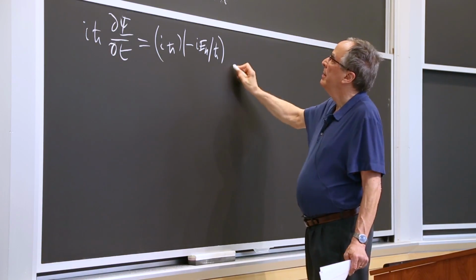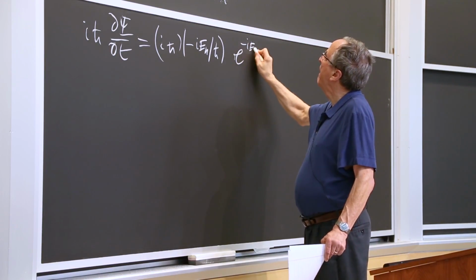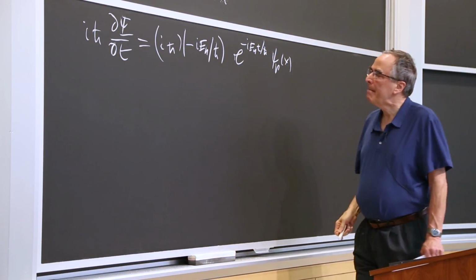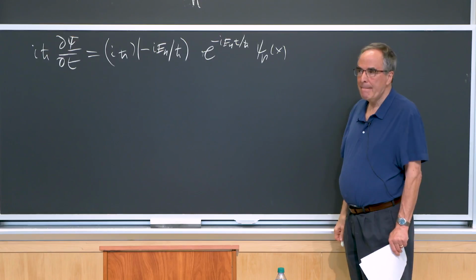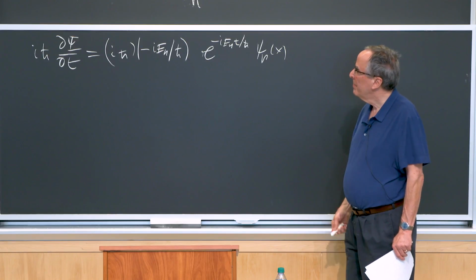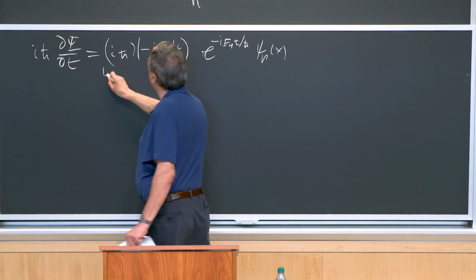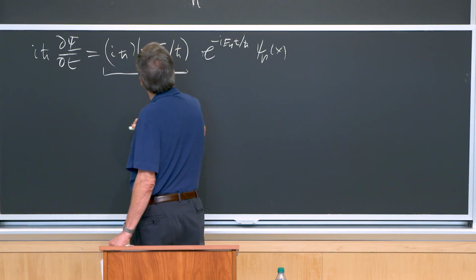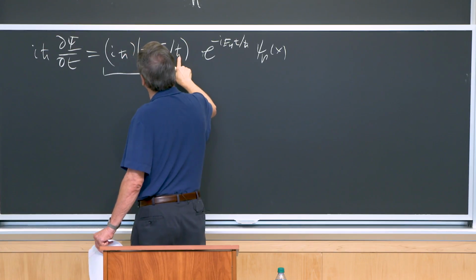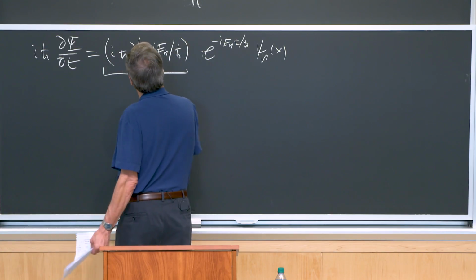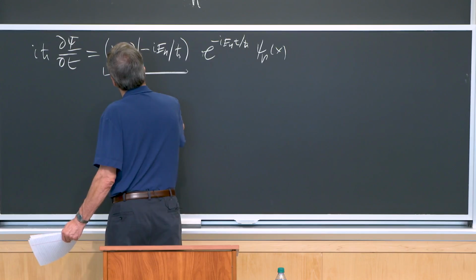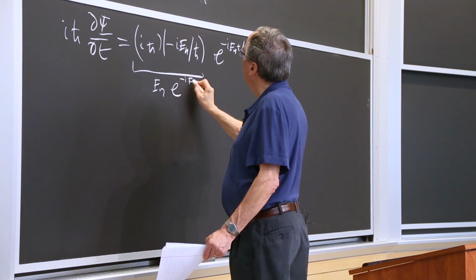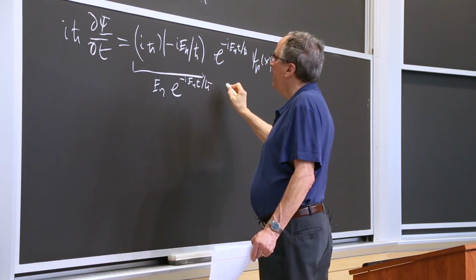And then we get e to the minus i E n t over h bar psi n of x. Well, let's put this together. We have an i times minus i, so that's plus 1. We have an h bar in the numerator and h bar in the denominator. That's 1. And so what we end up getting is E n e to the minus i E n t over h bar psi n.